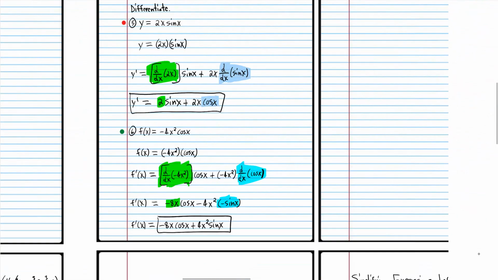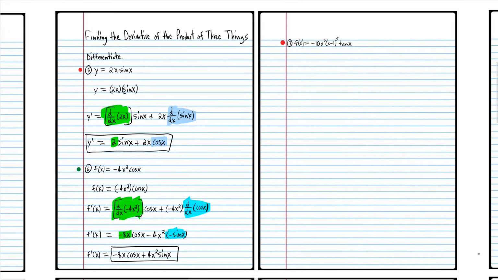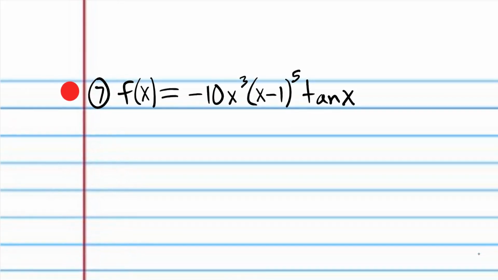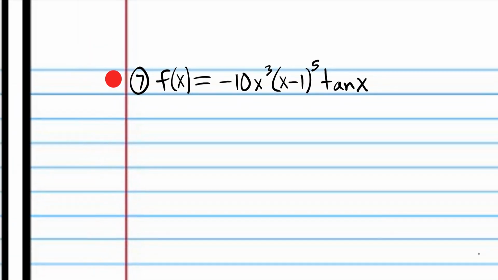So if you got that right, excellent. So now we have the product of three things again, and we can consider this constant to be with the x cubed, and the blue and the purple expressions, we'll consider those to be the expressions that we're considering in the product rule.